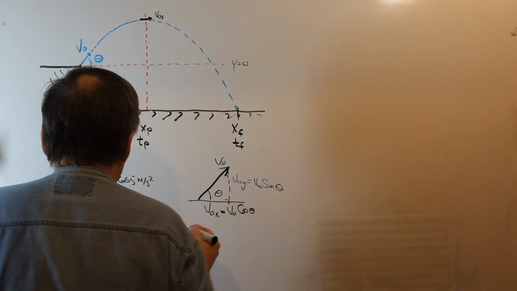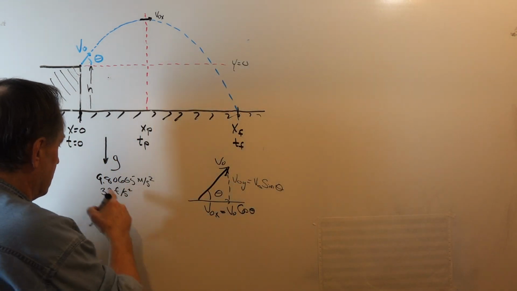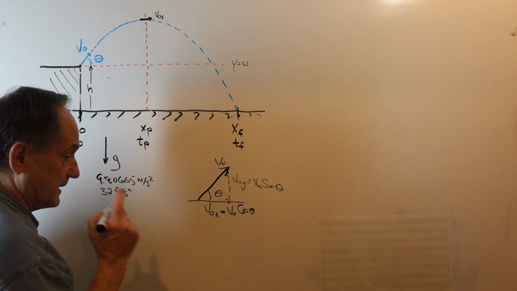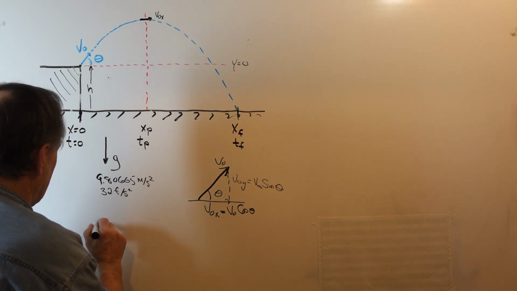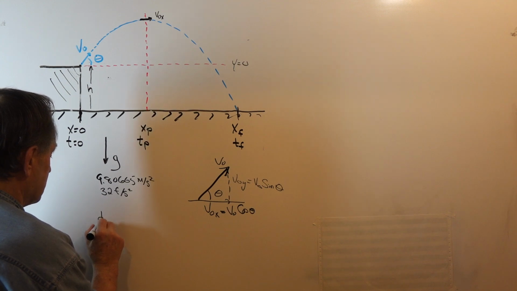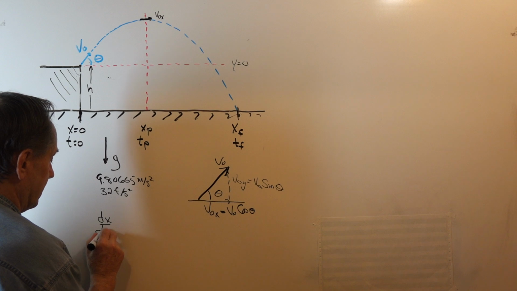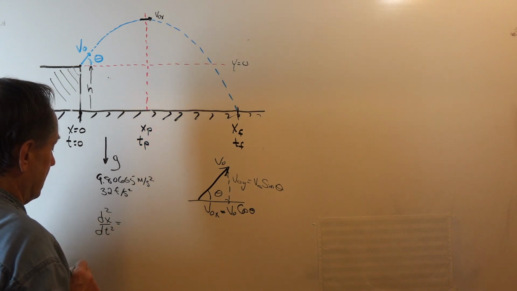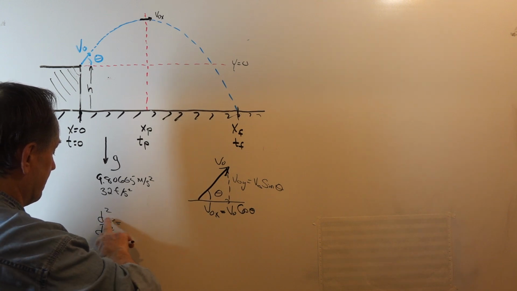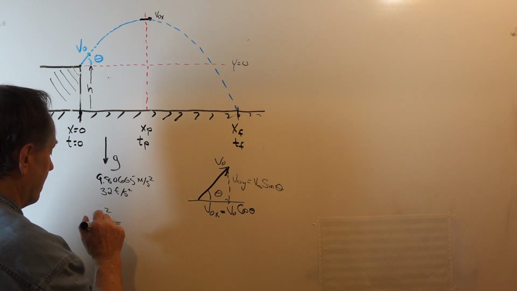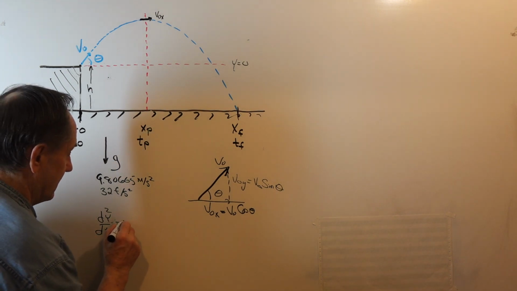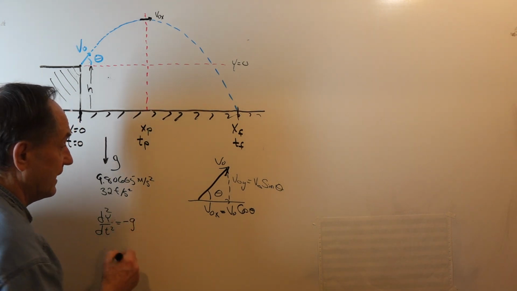So what we have is that g is an acceleration. The second derivative of y with respect to time, since we're in the y component, is equal to minus g.